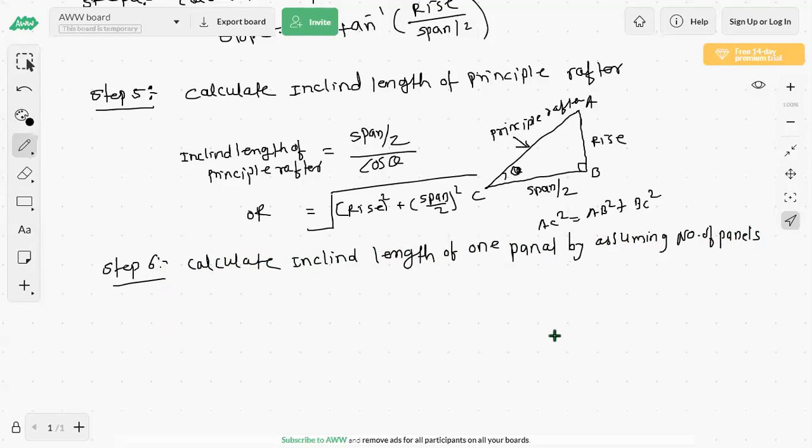By assuming number of panels, what does it mean? These are the panels, 1, 2, 3. So we have to assume these panels on each side.